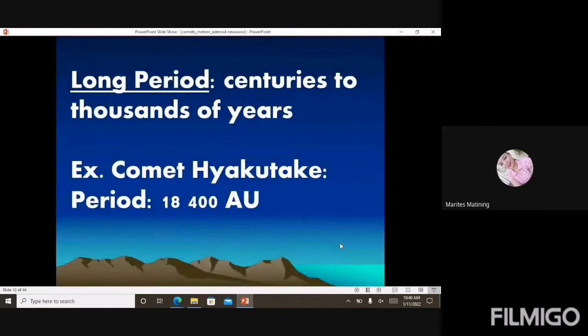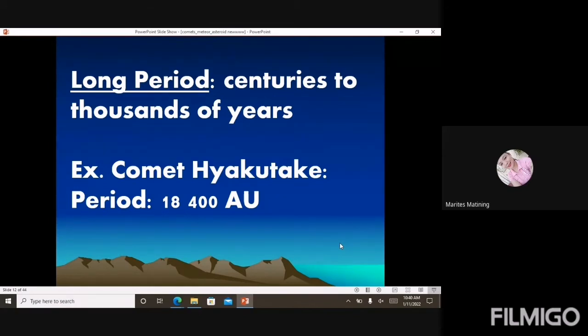So, we have here the long period, centuries to thousands of years, the comet Hyakutake. Ito yung mga example ng ating comets. So, mayroon tayong short period comets, tapos mayroon tayong long period comets.